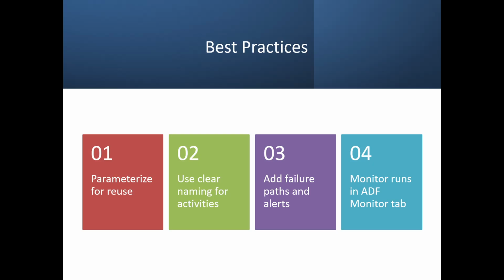The earlier you get notified, the better. And then store outputs or errors in log tables, again for failures. And try to minimize long chains in one pipeline. Break them apart into modular pipelines and call them using Execute Pipeline.